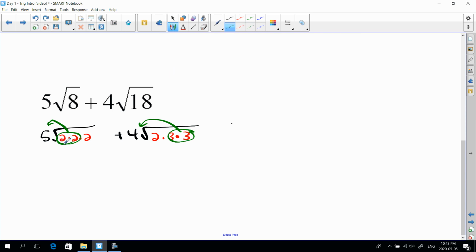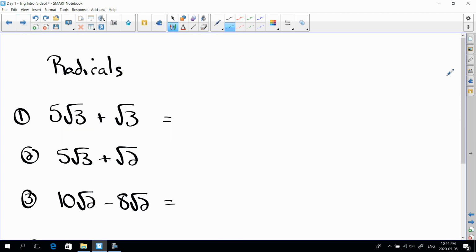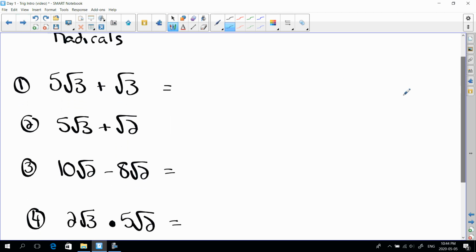This is going to equal 2 times 5, 10 root 2, plus 3 times 4, 12 root 2. When I add those together, I add the coefficients, 10 and 12 gives me 22 root 2. That's my final answer. Just keep in mind how you work with radicals.